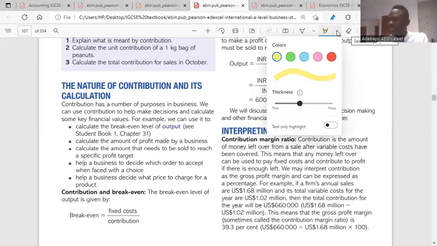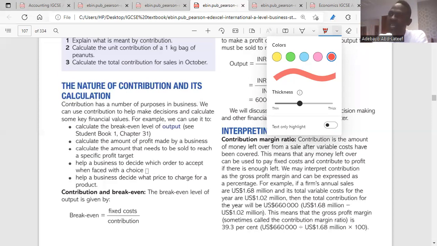If your profit target is 5,000, then with your contribution you'll be able to know what you have to sell to reach it. Your variable cost is what you have covered with the money when you sell. So your total revenue, minus your variable cost, what is left is your contribution.